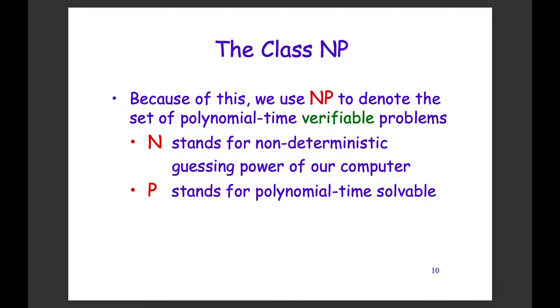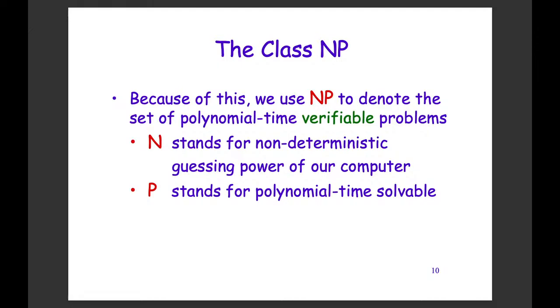To guess that, we will also need to guess a short proof for it. If we guess correctly, then the execution of the checking part can be done in polynomial time. So if a problem can be solved in this way using polynomial time, then it is an NP problem. The guessing part is the non-deterministic power of our computer.